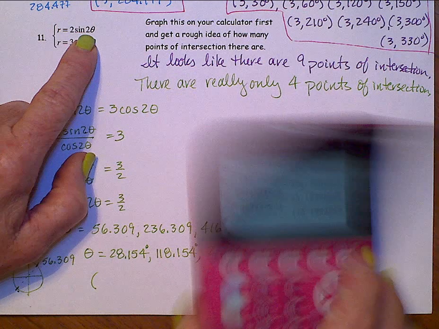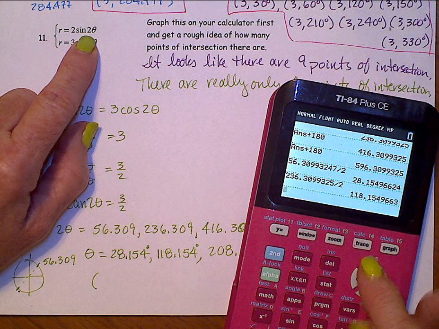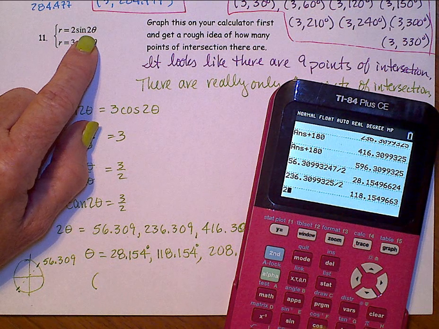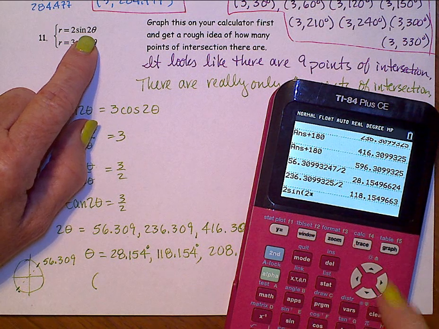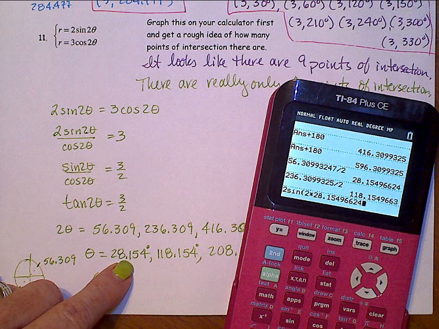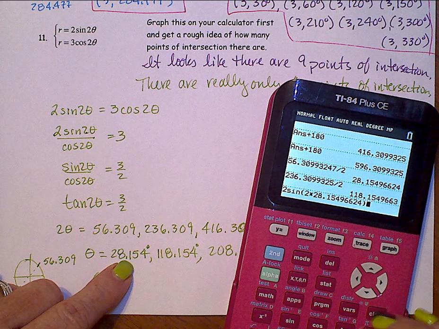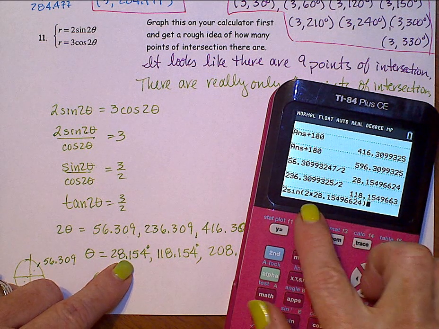So I'm going to go back up here to grab this. Well, let me put this in first. 2 sine 2 times, and I'm going to take that 28.154, put that in there. I don't have to divide that by anything. Delete. Yep, 2 sine 2 theta, done.